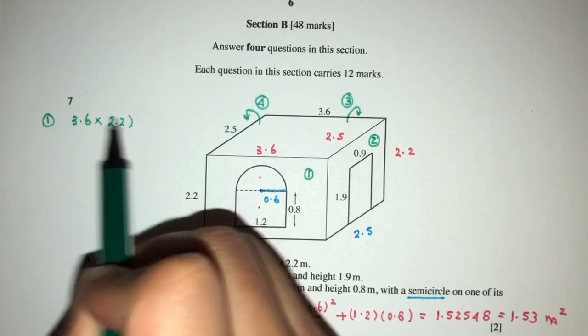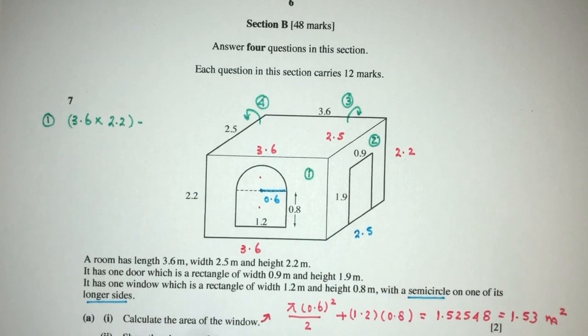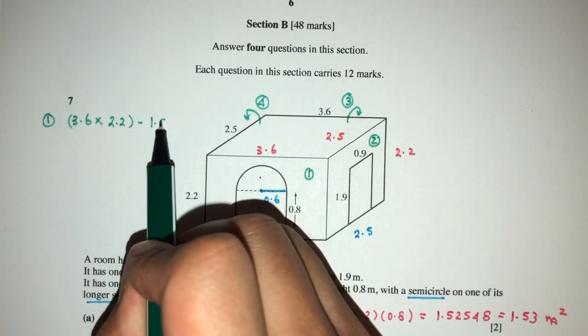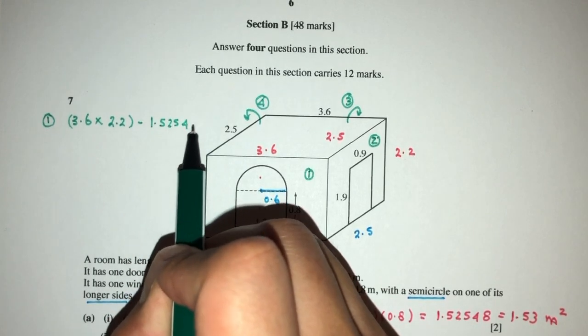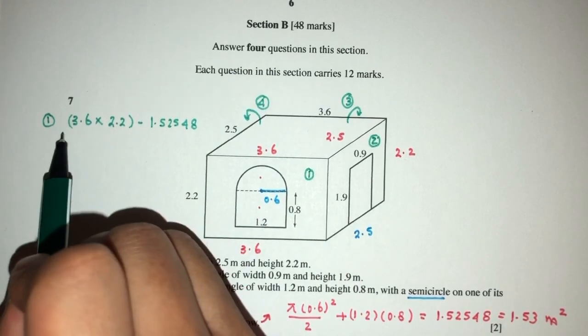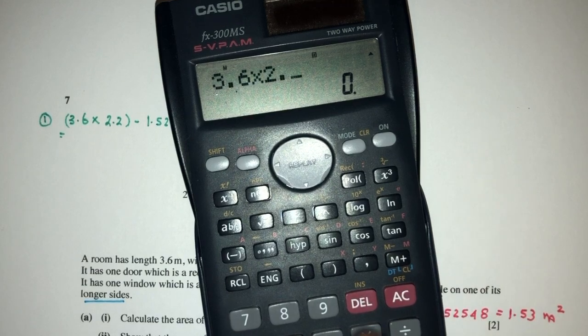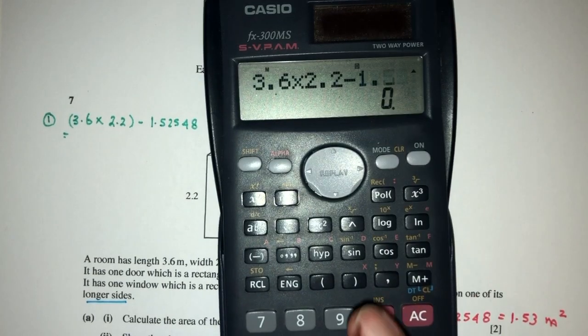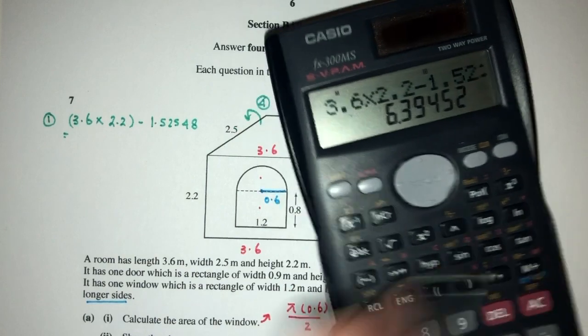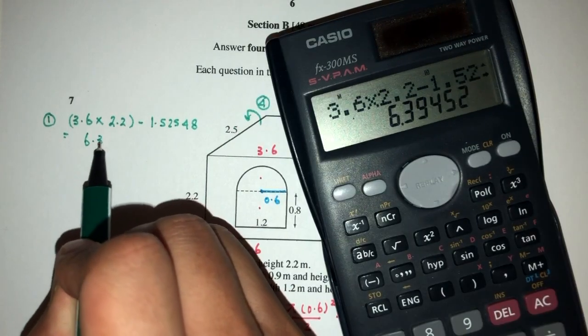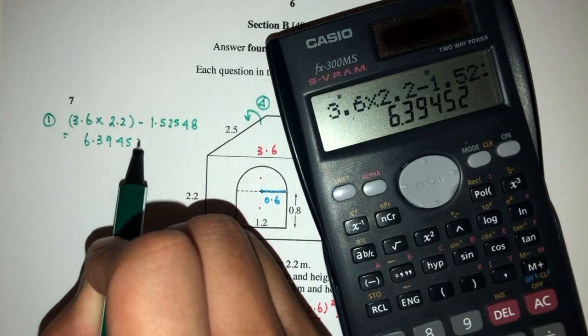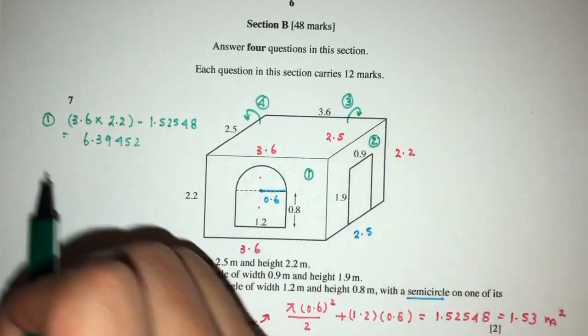That's the whole thing. Minus the area of the window, which is 1.52548. That is the first area. Let's solve. So 3.6 times 2.2 minus 1.52548. That'll be 6.39452.